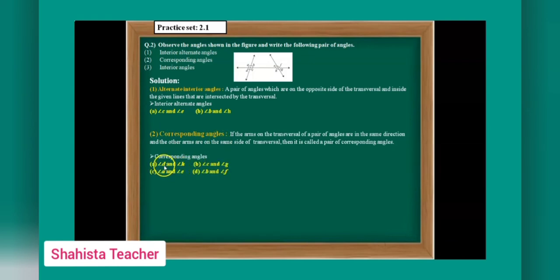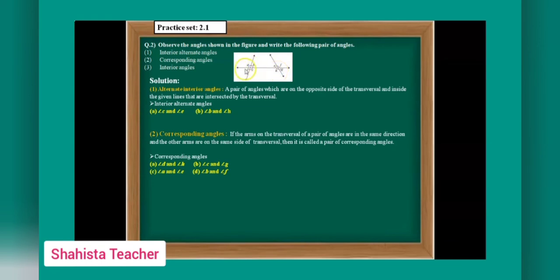Here, the pair of angle D. See here, the pair of angle D. Here D and F. Okay, sorry, D and H. D and H. Same side, same direction. See this same side. Here first and here first. So angle D, angle H pair.